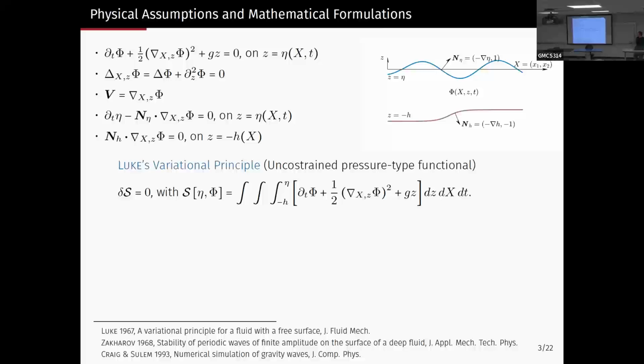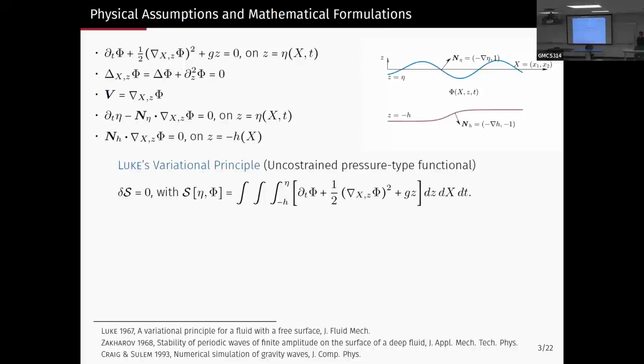There is a variational principle for this problem that says that if you take this functional, which from Bernoulli's principle we can say is the pressure, which is somewhat unusual for variational principles, but this is something unique in the problem. If you take this functional and you compute the variational derivatives with respect to eta and phi, you get all these equations.